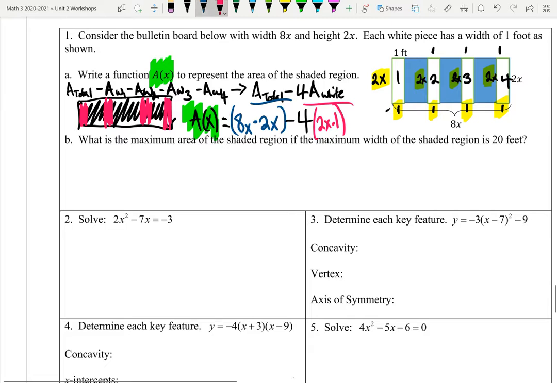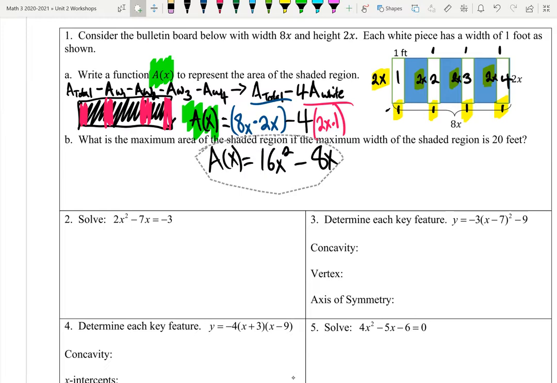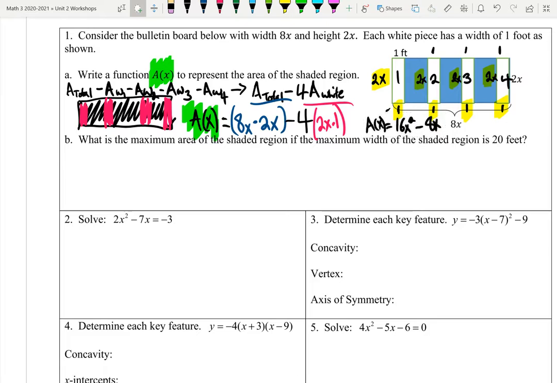From here, I'm going to clean this up, and A of x is equal to 16x squared minus 8x. And voila, I have a function to represent the area of the shaded region. Bada bing, bada boom. This complicated expression was cleaned up to be that way. Different equations representing the same situation. Think about which one your boss would want.